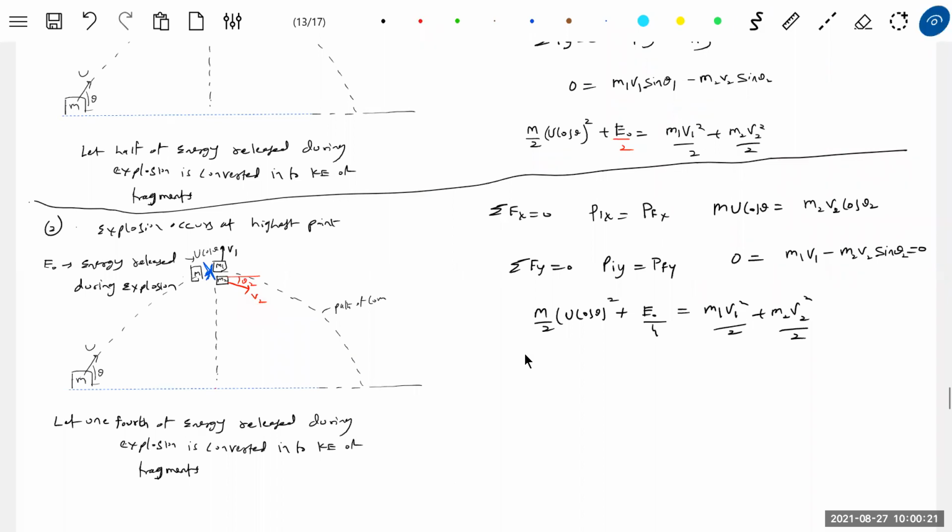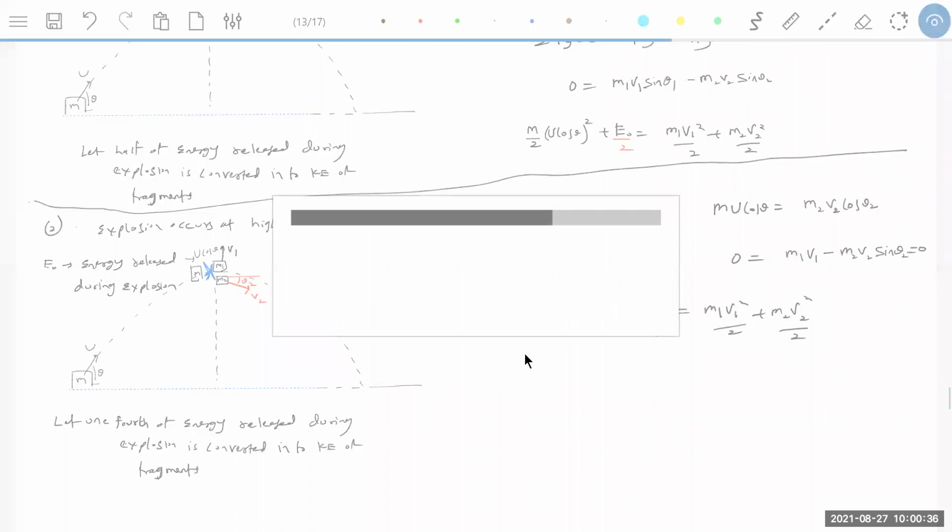Even if one of the fragments moves like this, the other fragment has to move in this direction. So you may get a wide variety of questions here. A student has to take help of this.